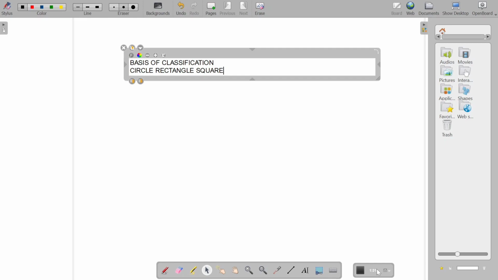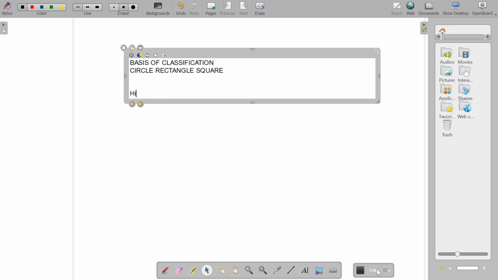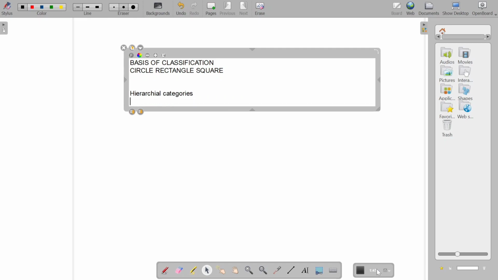So let's see about the hierarchical categories for classification. This is the sentence: King, please, can our family go somewhere?